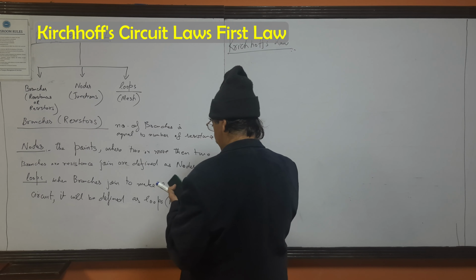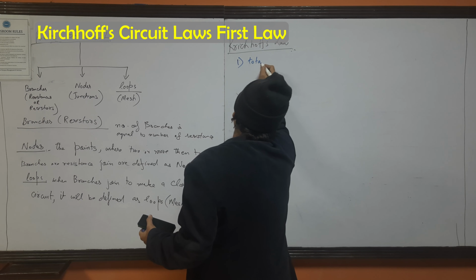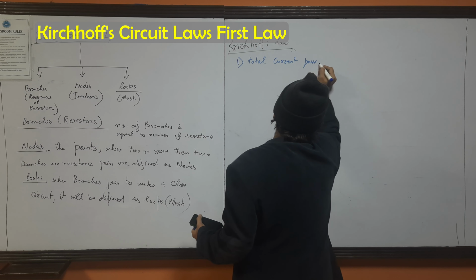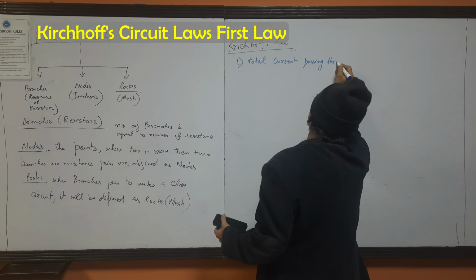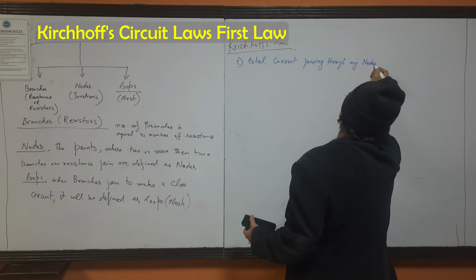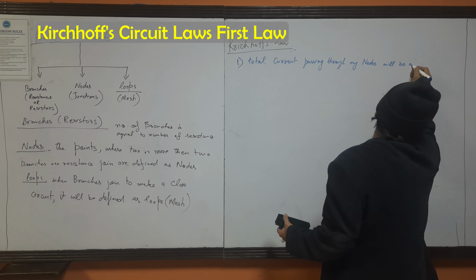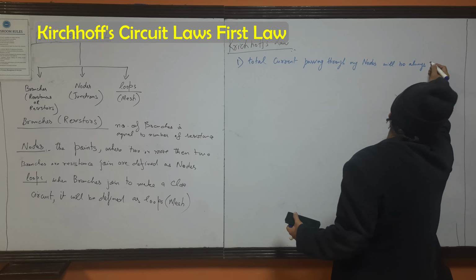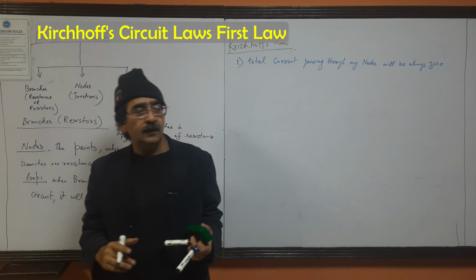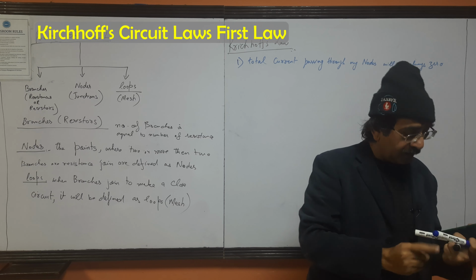Number one, total current passing through any node will always be 0. Total current passing through one node will always be 0. Okay.